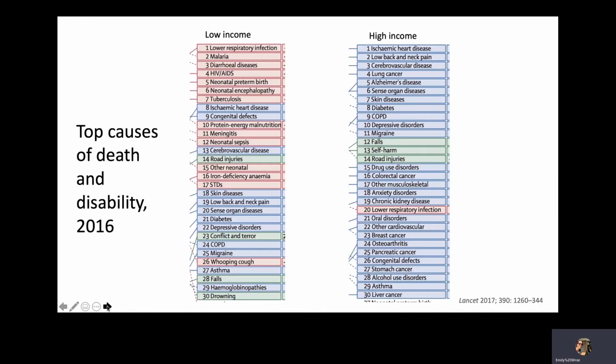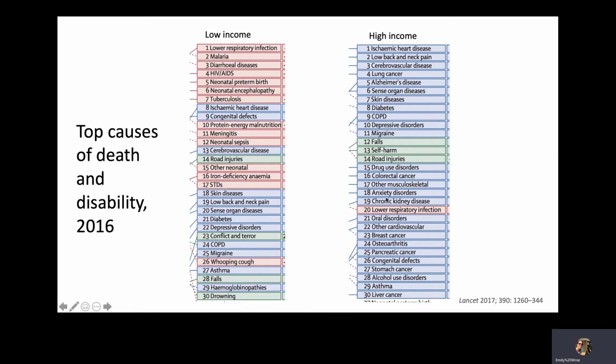So if we were going to look, for example, at the top causes of death and disability in the world in 2016, and this is not a surprise to anyone listening to this, but it's a very different makeup of the burden of disease for people living in low income settings as opposed to high income settings.